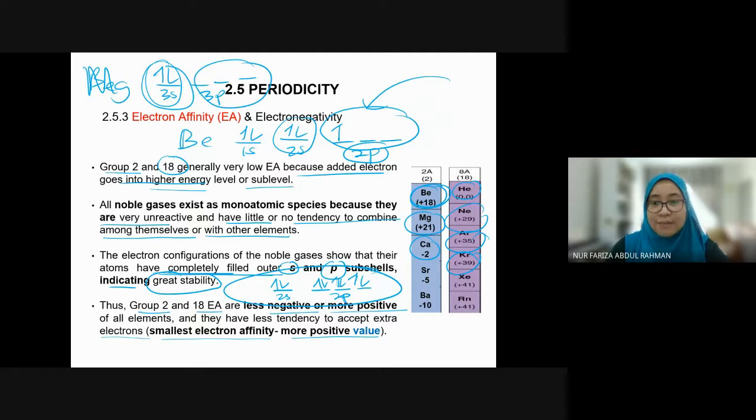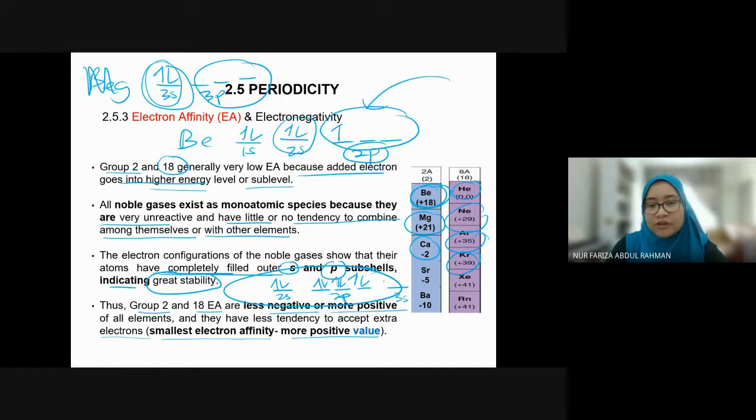Again, kalau you nak masukkan elektron dekat dalam neon, for example, you kena buka the new orbital. In this case, kena buka 3s. 3s has higher energy compared to 2p. So dekat situ pun you kena supply energy.